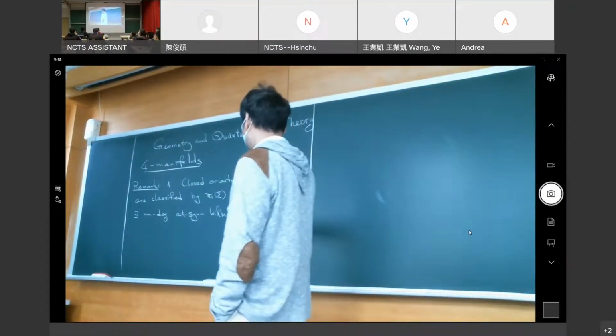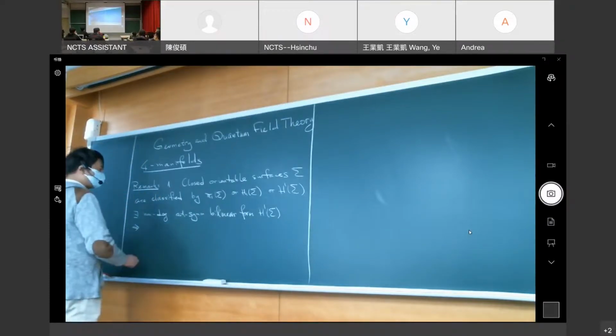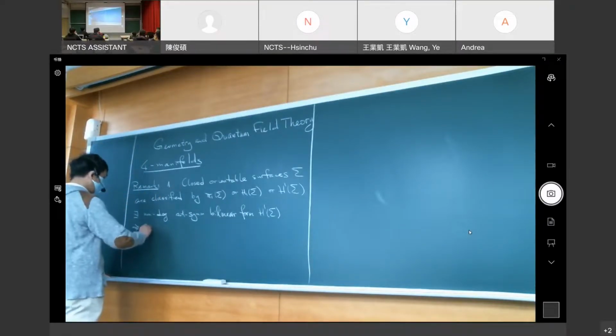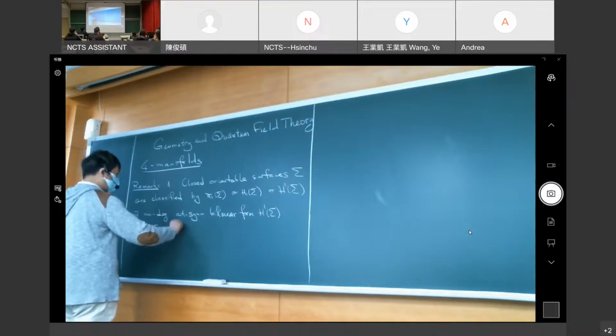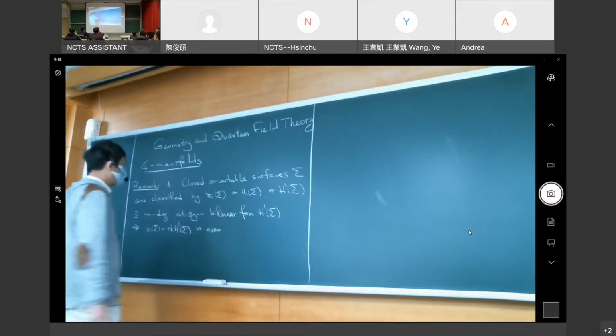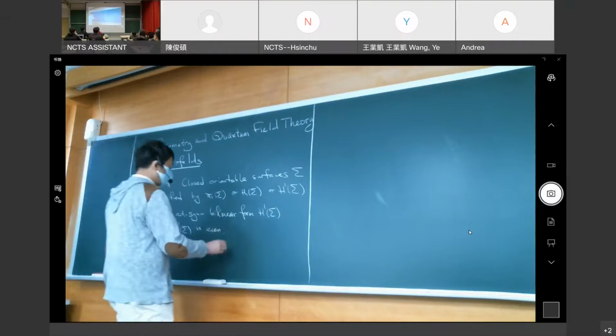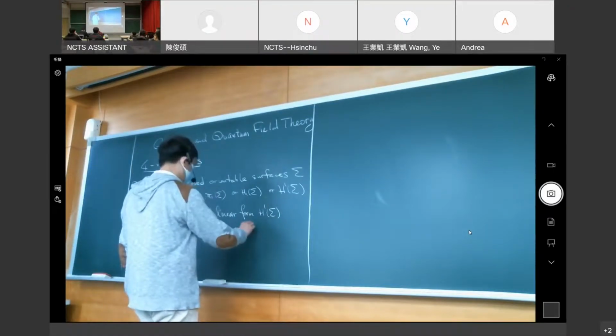So this implies that the rank of H1, which is the first Betti number, is even, and half of that is called the genus of sigma.